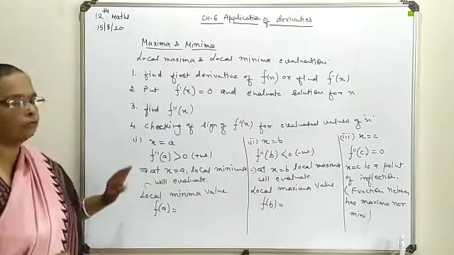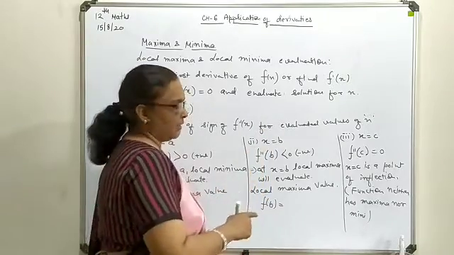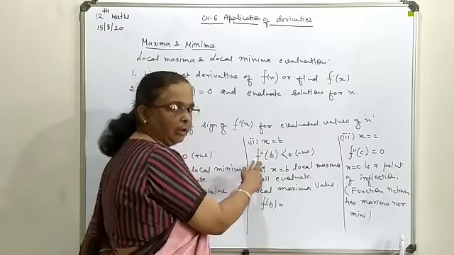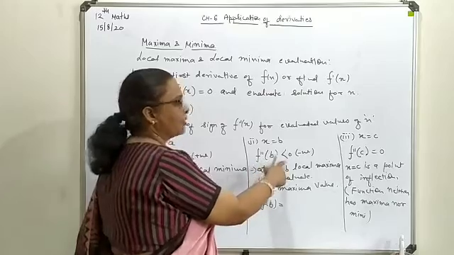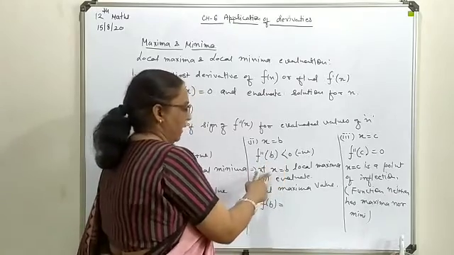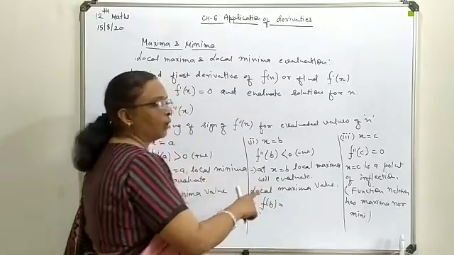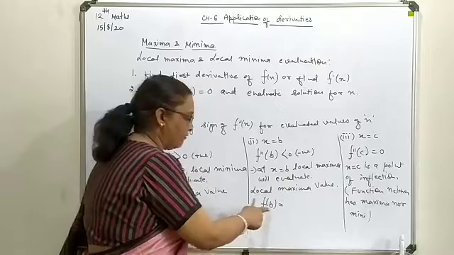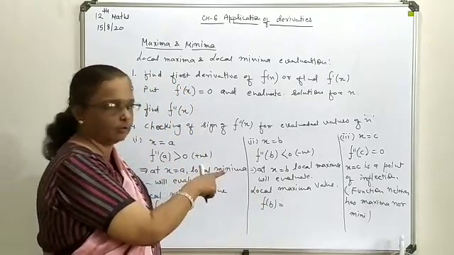Now the same for the second part. Suppose the value of x is b. Evaluate the sign of the second derivative at x is equal to b. Suppose it is negative. Then at x is equal to b you will have a local maximum, and the local maxima value is f(b), the function value at x is equal to b.